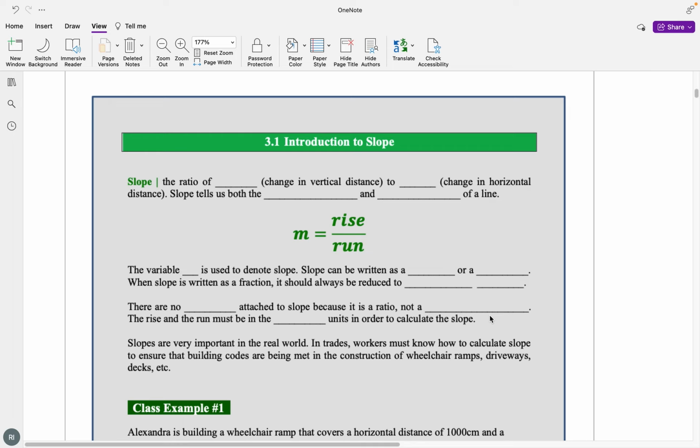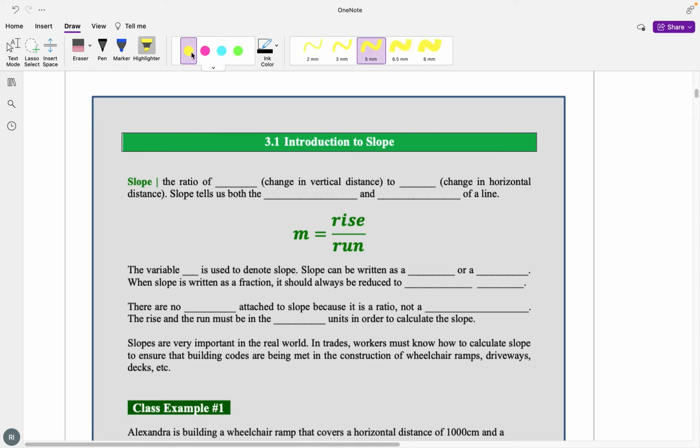Okay, let's begin lesson 3.1. Introduction to slope. Slope is the ratio of rise, being the change in vertical distance, to run, the run being the change in the horizontal distance.